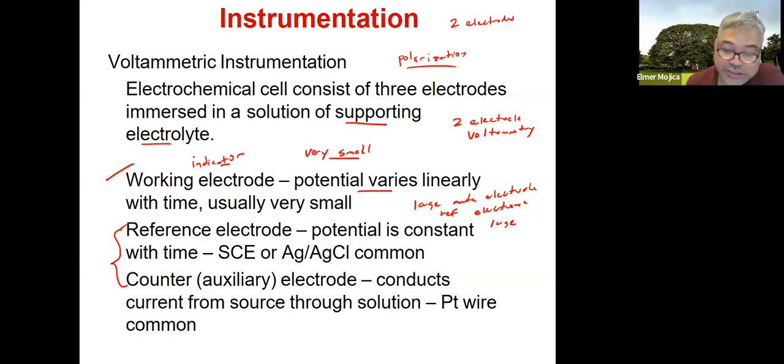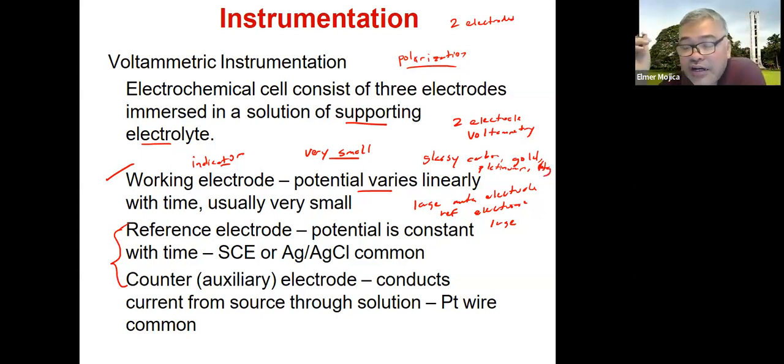Now, the types of this working electrode could be the glassy carbon, the gold, the platinum, the mercury. That's why if you are doing polarography studies, usually your working electrode there is mercury.